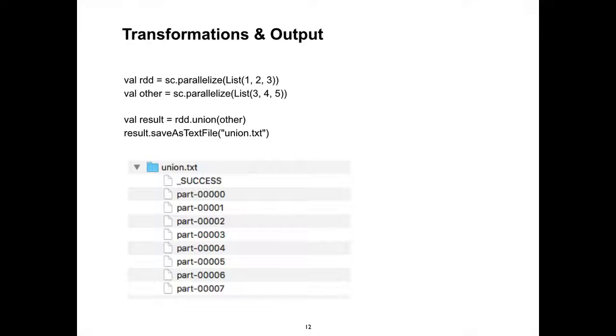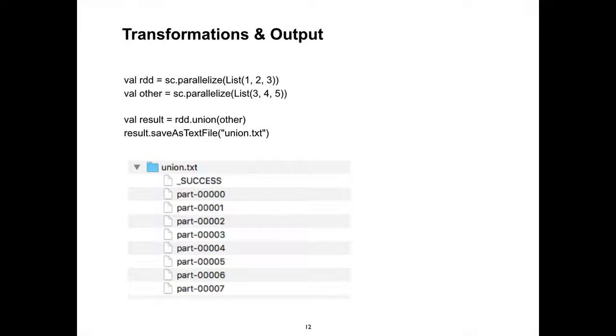And now when I call save as a text file, you have to remember that this is being executed on all the various worker nodes, right? So when I save a text file, the files are saved on the master node, not the worker nodes. So it's really an action here, right?